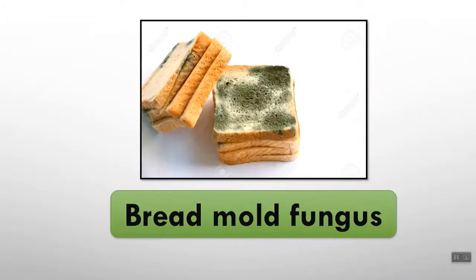And we have the second one, bread mold fungus. Bread mold fungus appears on the remains of bread. As you see here in this picture, these green areas are called bread mold fungus. They decompose the bread into simple substances.